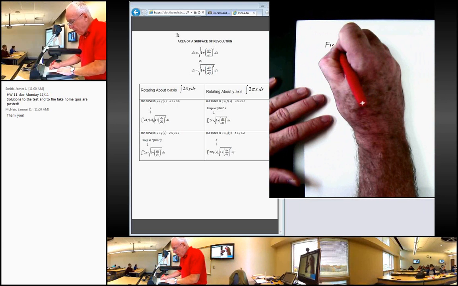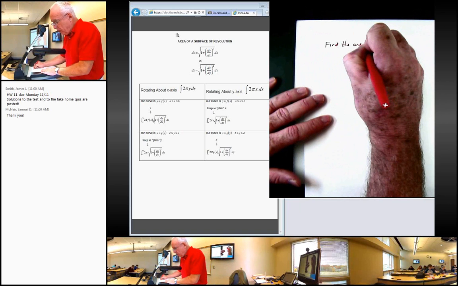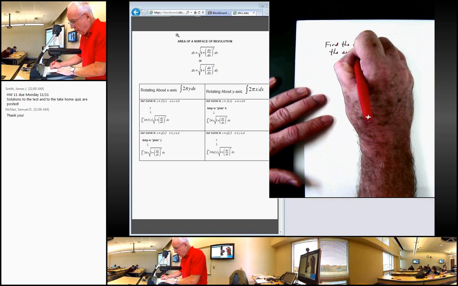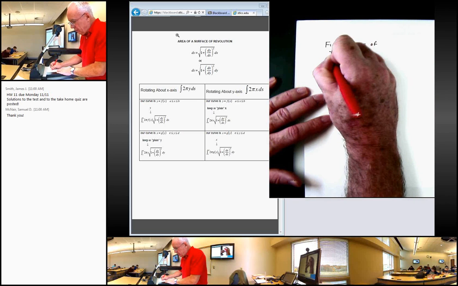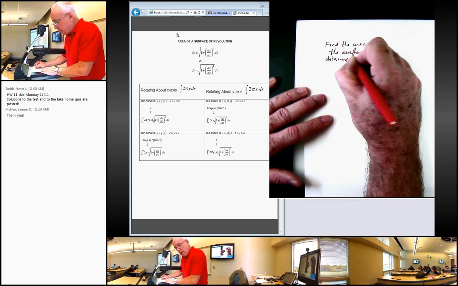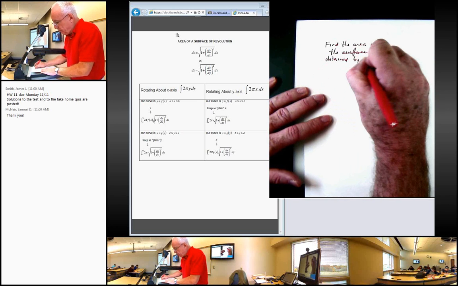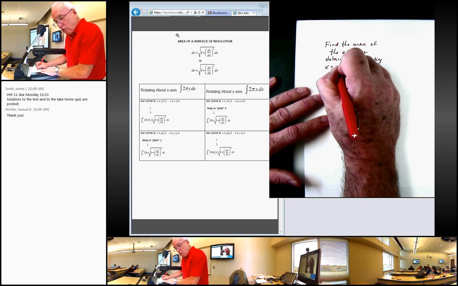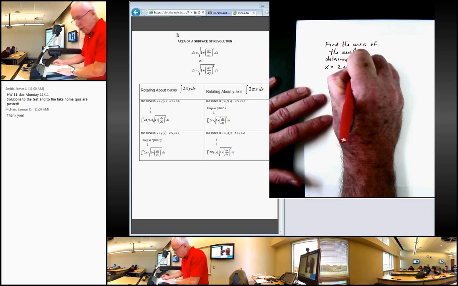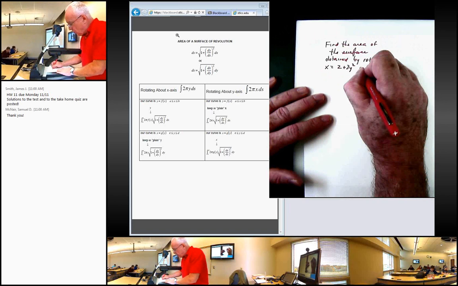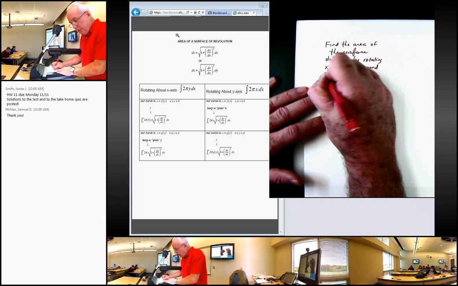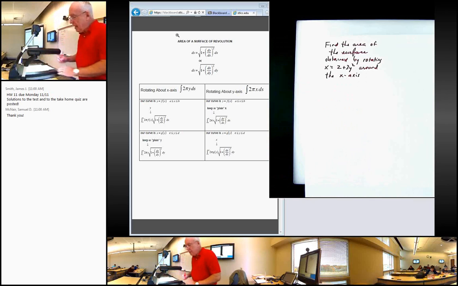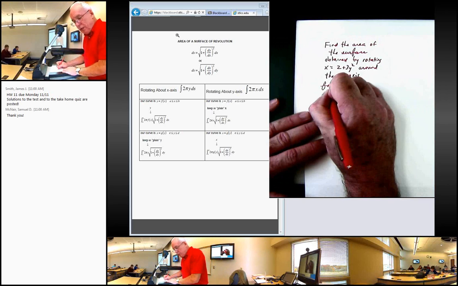Find the area of the surface obtained by rotating x equals 2 plus 3y squared around the x-axis. Okay, and this is for y between 1 and 3.